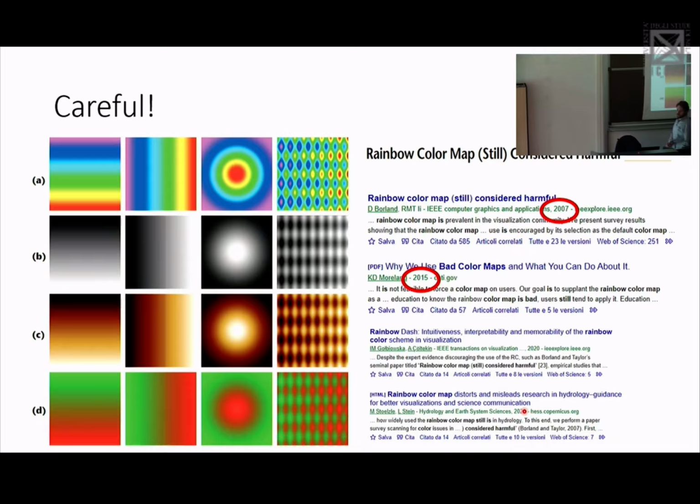And why is that? Because our brain, we've mentioned that, is super attentive to edges. And edges are perceived when there is a change in color. So let's take these 4 images. They have a linear gradient. These are ramps.